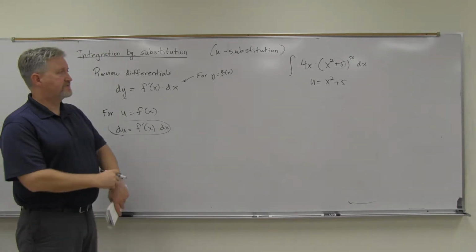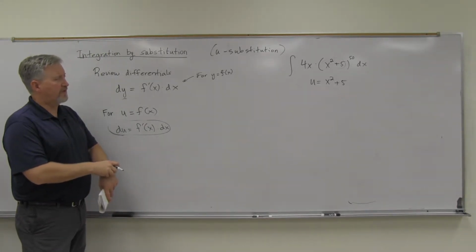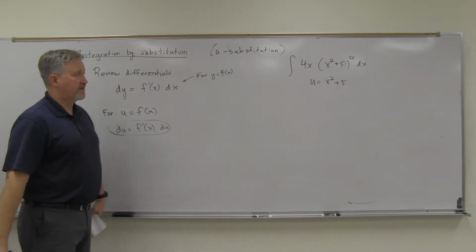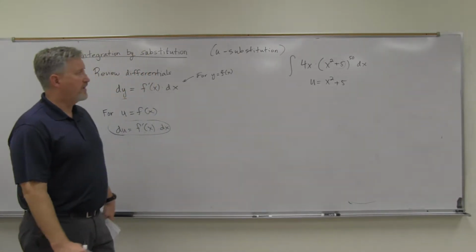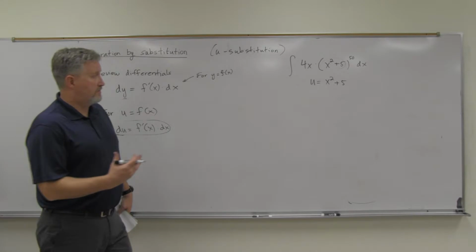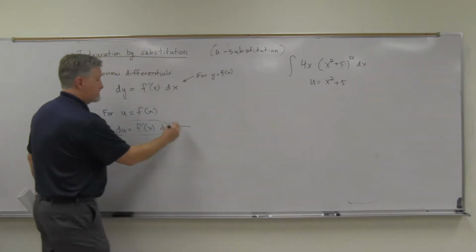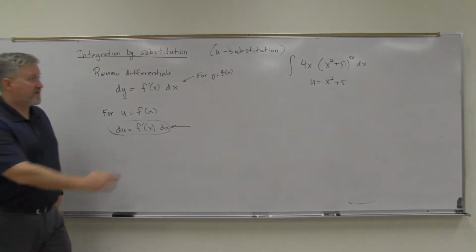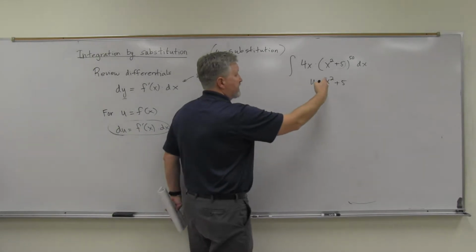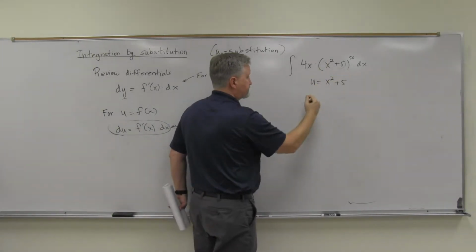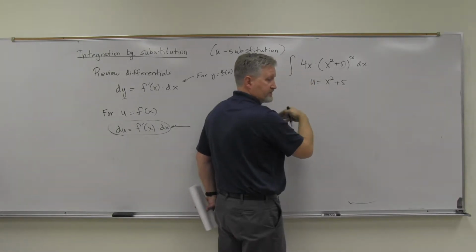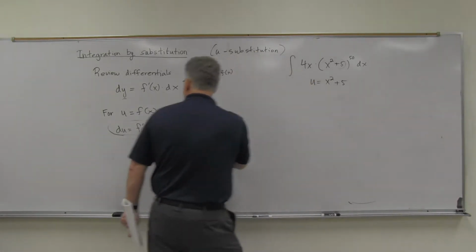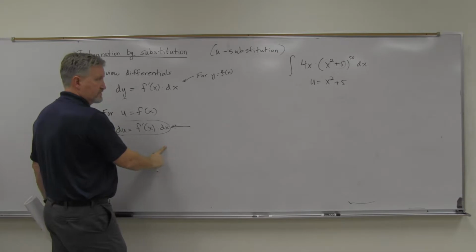And so in this case, I'm going to let u equal x squared plus 5, and we're going to rewrite the integral with that. But not only that, I am going to use this formula because now I have u as a function of x, and so what I also want to do is replace the dx with what it is in terms of du, and so to get du, we use this formula.